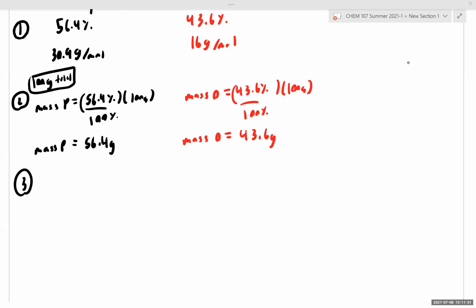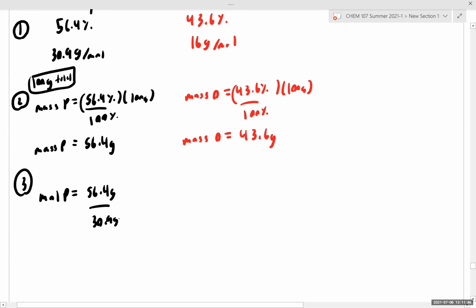For the moles of phosphorus, we have one student sharing their response. So let me translate that onto the class whiteboard. We calculate the moles of phosphorus by taking the mass of phosphorus over the molar mass. That in turn gives us 1.825 moles of phosphorus.